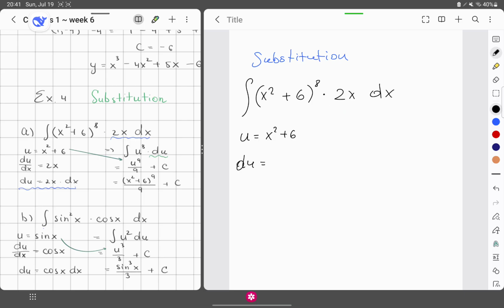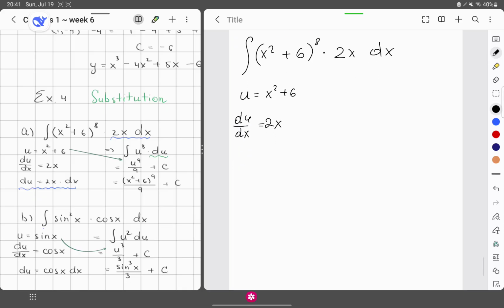Yes, it means that the derivative of u, du over dx equals to 2x. And what about du in here? It will be 2x times dx.